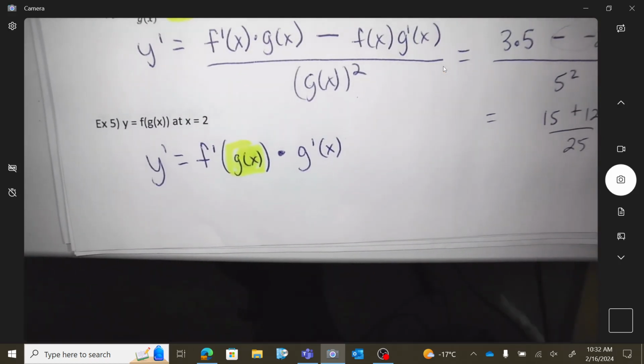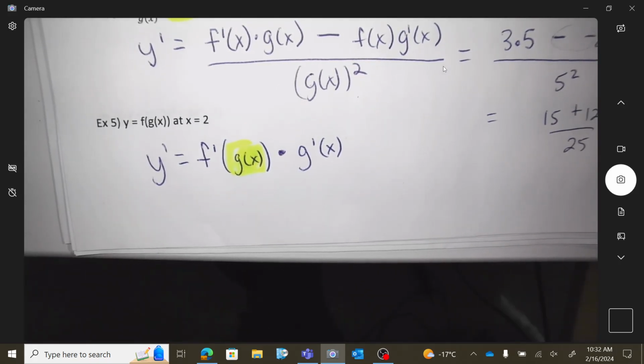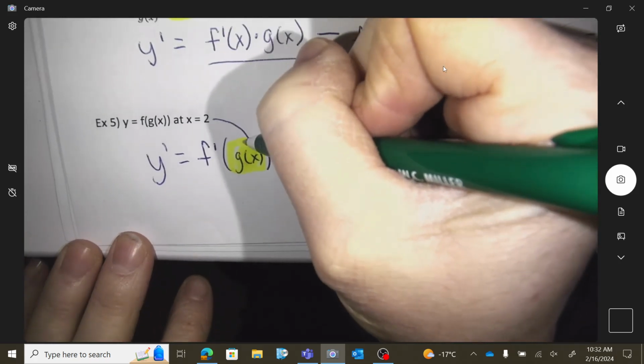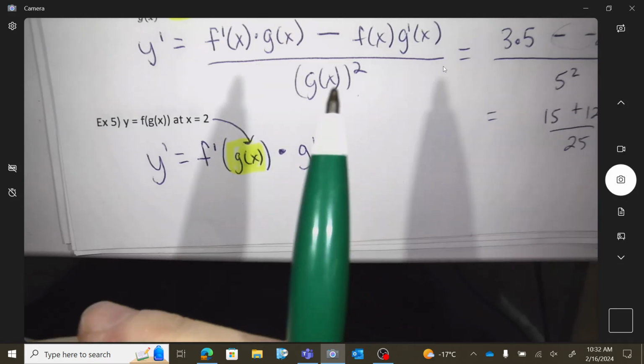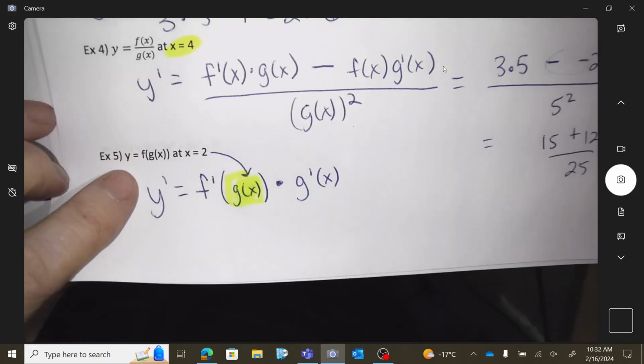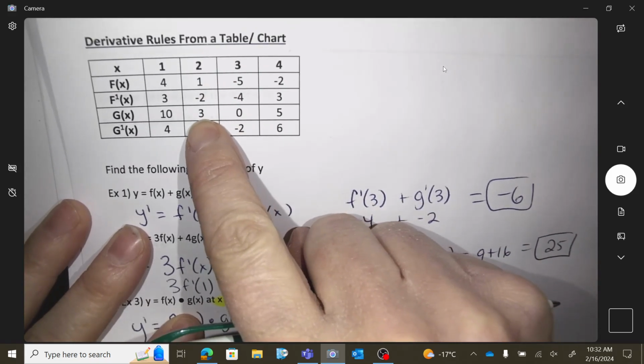What can you replace G at 2 with? G at 2, what's the outcome there on your chart? When we're at 2, the G is 3.